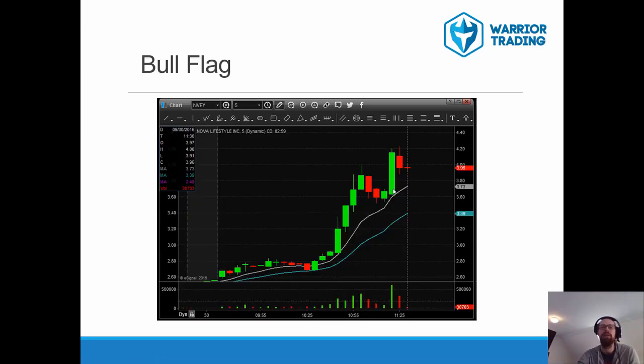Now, if I'm watching the level 2 and I see a lot of buyers accumulating around 368, 369, I may just go ahead and press my order to buy a half-size position as I see that volume coming in, because I'm anticipating that we will break the previous candle's high. And if we do, our first target is high of day right here.